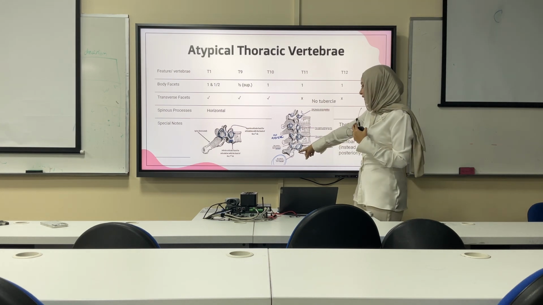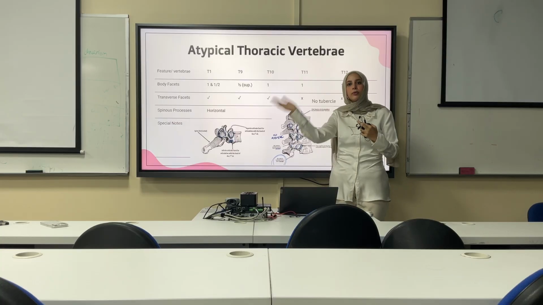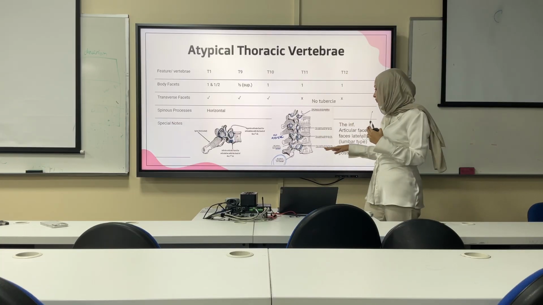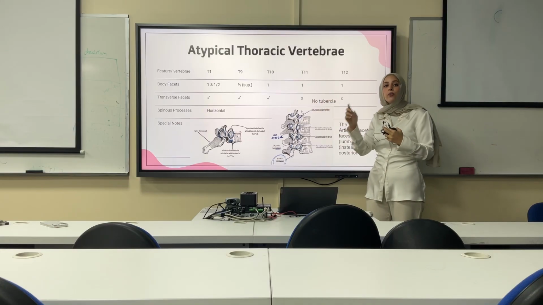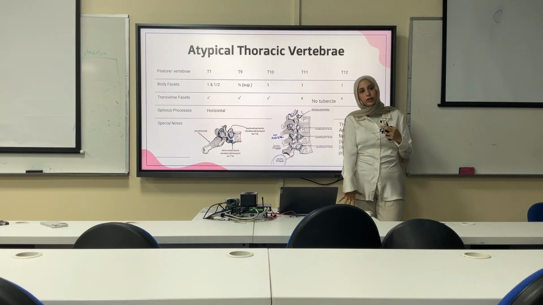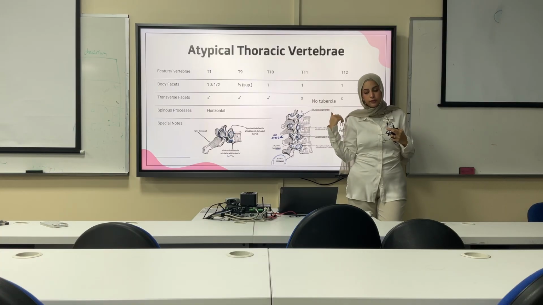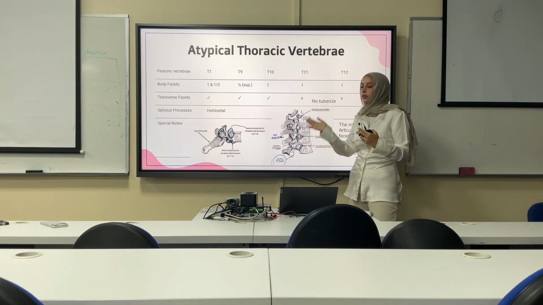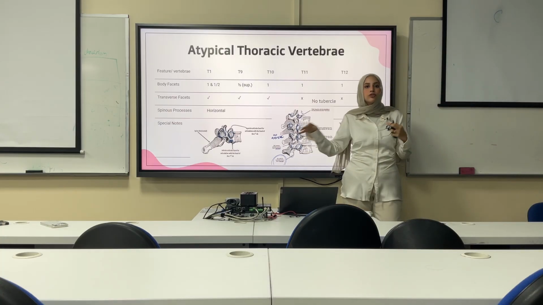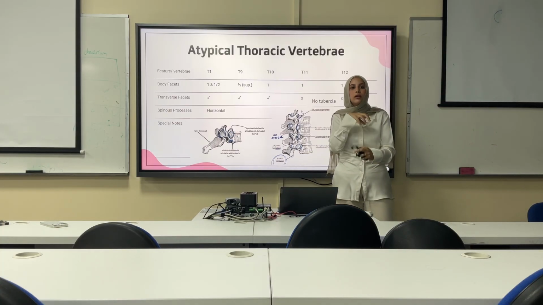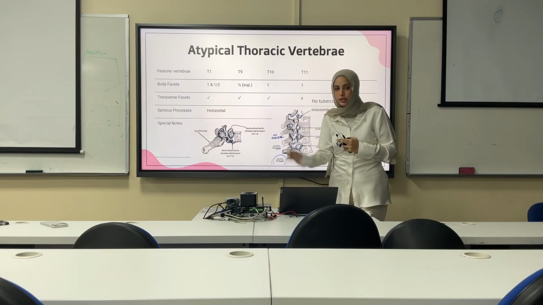Anyways, they're usually facing posteriorly. Now, when the thoracic meets the lumbar part of the vertebra, it's going to turn laterally, to fit with the lumbar vertebrae. So this is only the 12th.